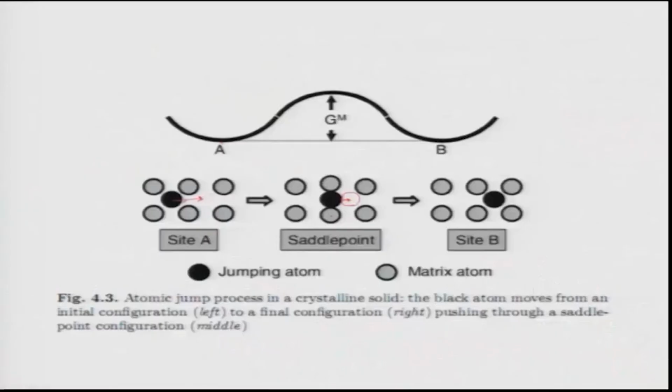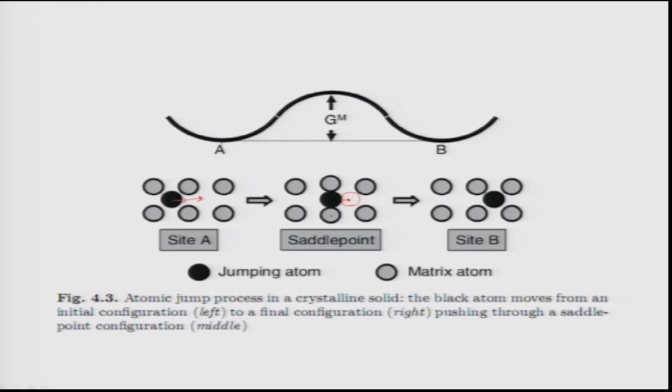Let us suppose there is a vacant site and a substitutional atom is diffusing from one position to another position. If it diffuses from one position to the other, what will happen? This will push the atoms which are present at these positions, and this pushing will lead to a certain kind of work done by the system.